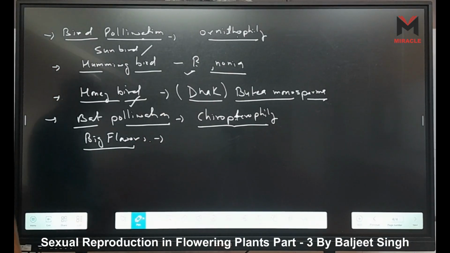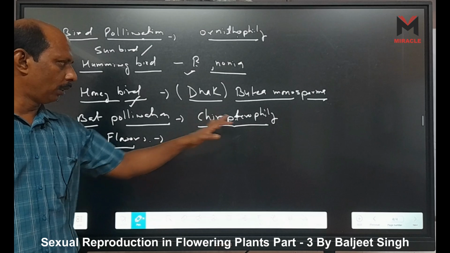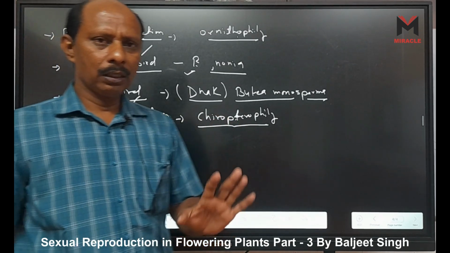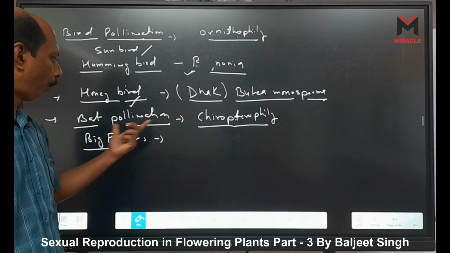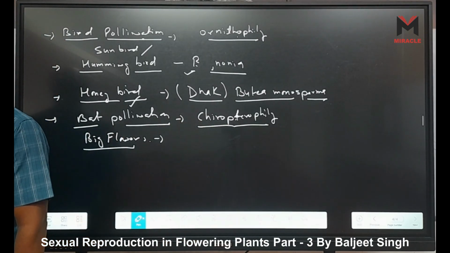These big flowers are there, right? As for example here Kadamba trees, right? So Kadamba, and banana also. This pollination is through bats, right? As for example we write here Kadamba.